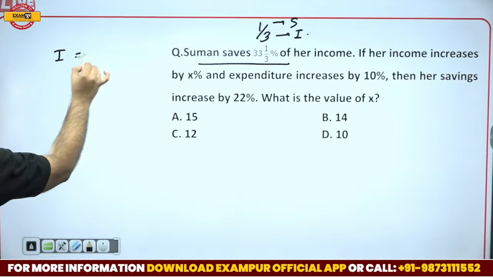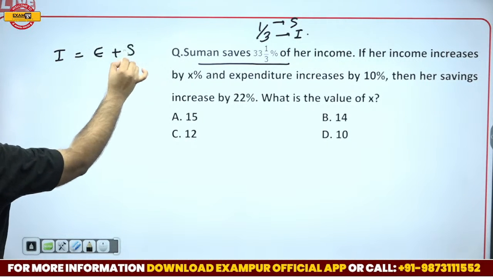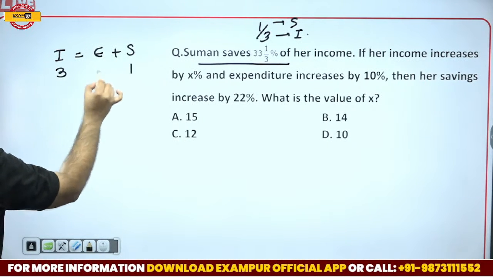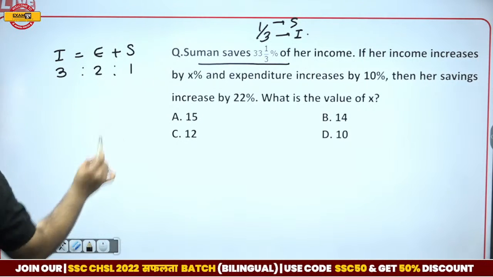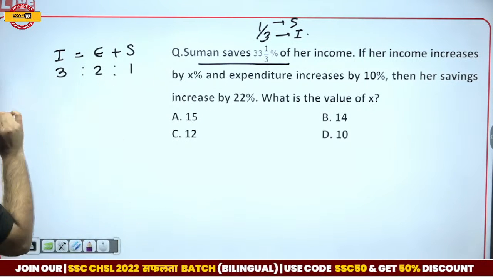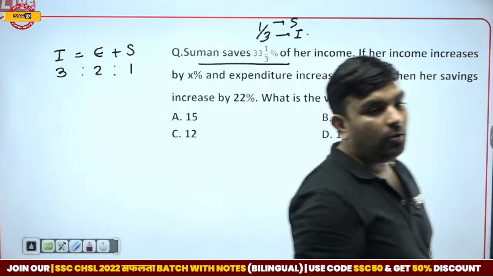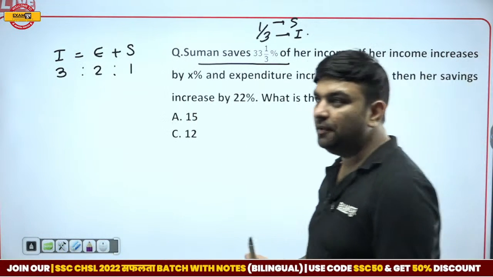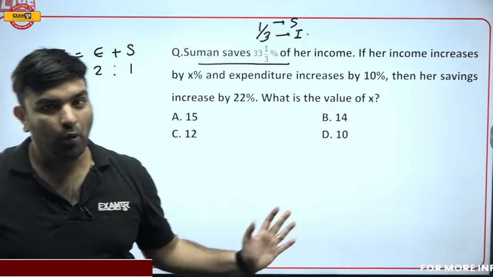So income is equal to expenditure plus saving. Income is 3, saving is 1, so expenditure is 2. Already in the simplest possible ratio, 3 to 1.